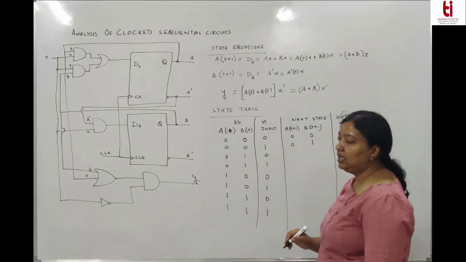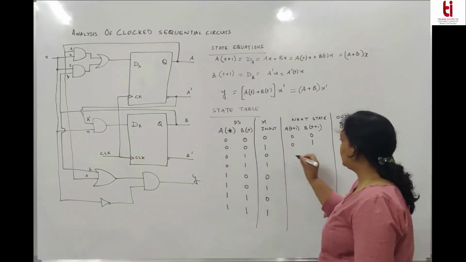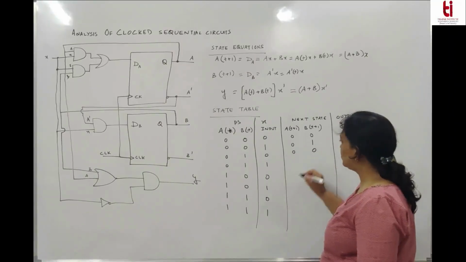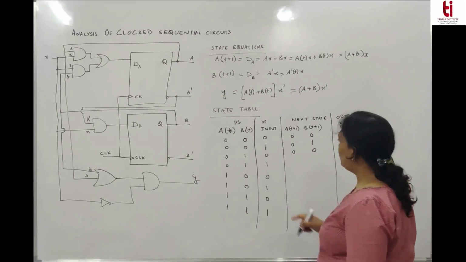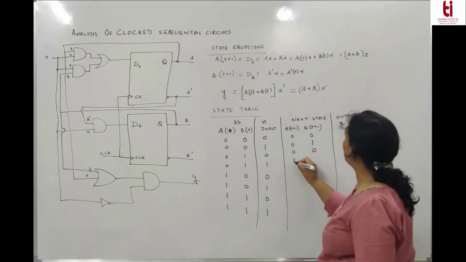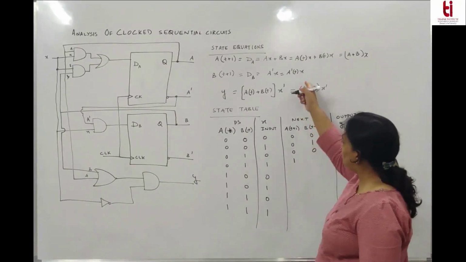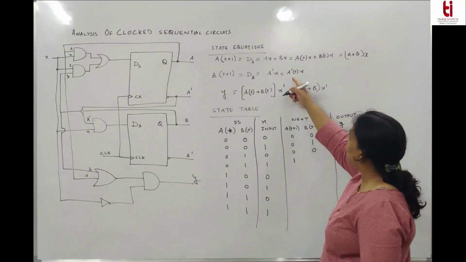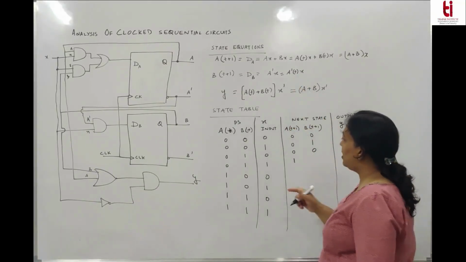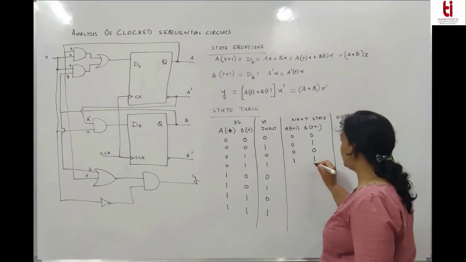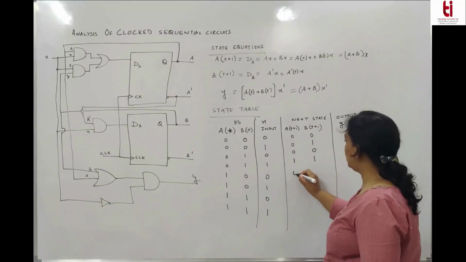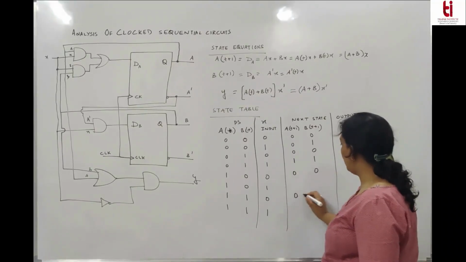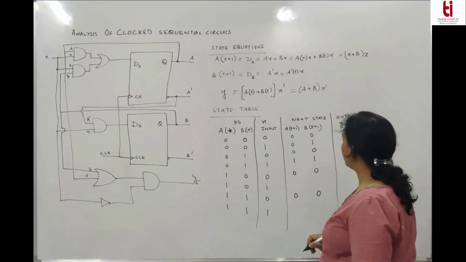This way you have to make the state table. Then X is 0, with both 0, 0. A plus B will be 1, and 1 into 1 will be 1. What about this? X is 1, what is A? A bar, A is 0, A bar will be 1, so this is 1. Then A plus B is 1, X is 0, so this will be 0. Where X is 0, this is 0.